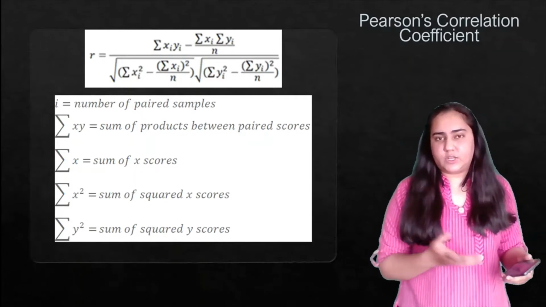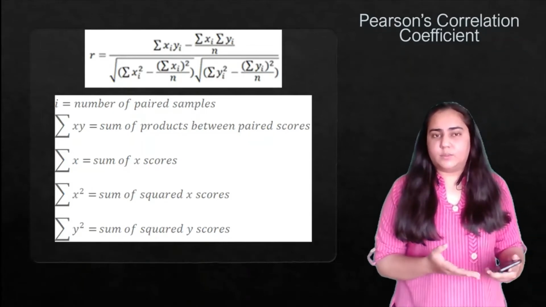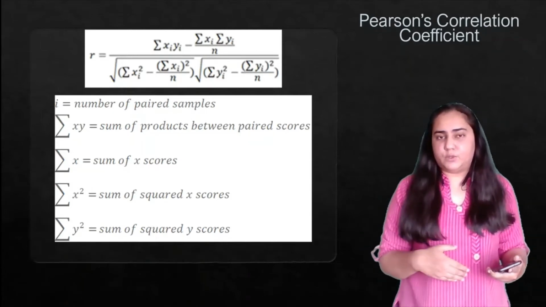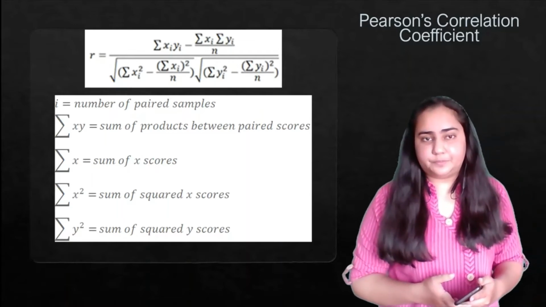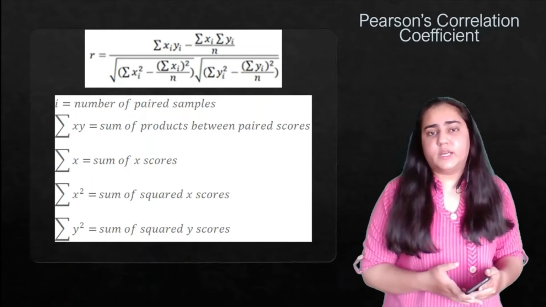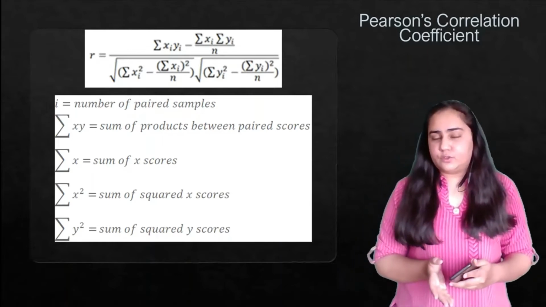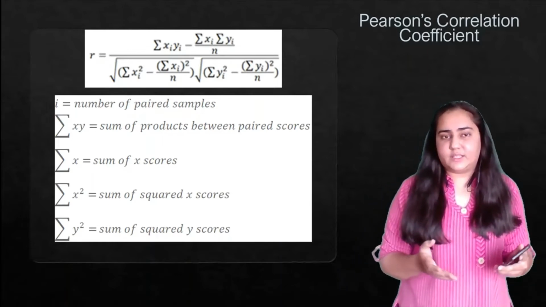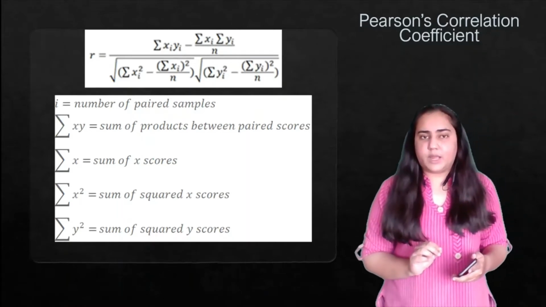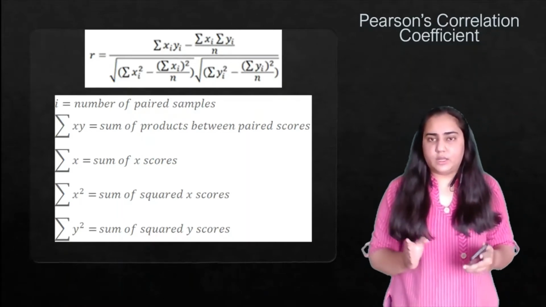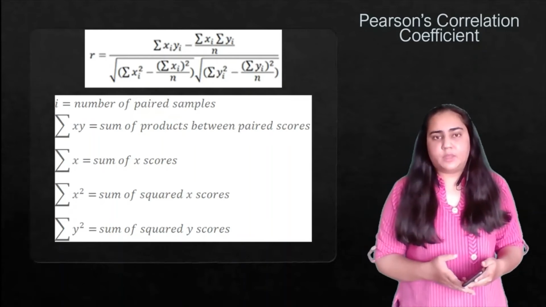So consider age as x, then sigma x would be the total of all the ages. Then we have sigma x square. Sigma x square is the sum of squared x scores. So if you're talking about x as age once again, then you take squares of all the ages, and after taking the square, you can add all the squares together.